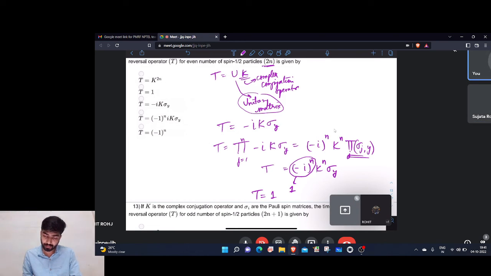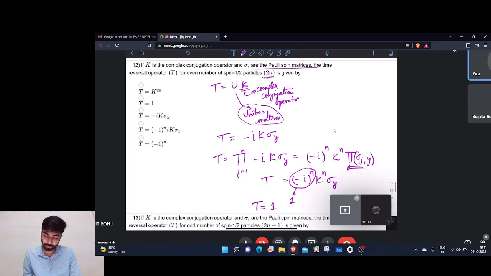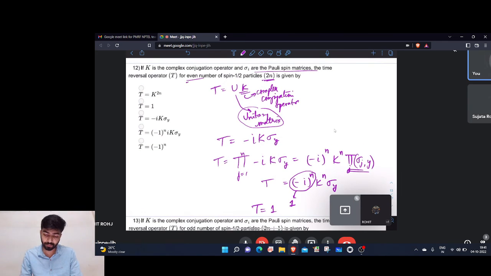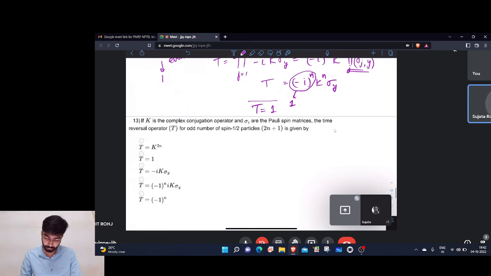But in that case it would still be correct, because we have an even number of particles, and at the end of the day, if one raises n to be even here, then it would give us 1. So 1 is also correct. The next one was also written in generalized form, maybe.